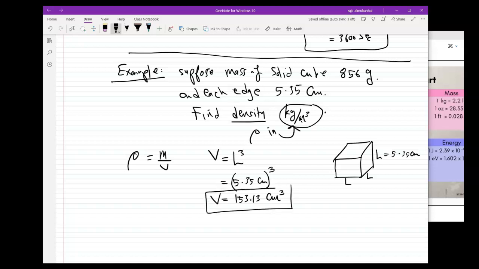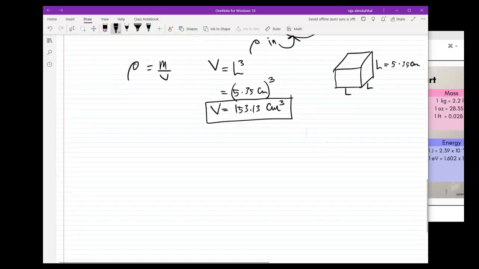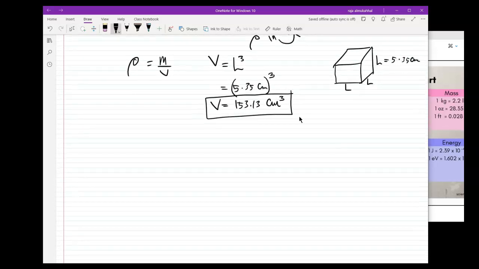I got the volume. And now I'm given the mass already. It's right here. So I can easily find the density, right? Here the density in this case is going to be mass over volume.